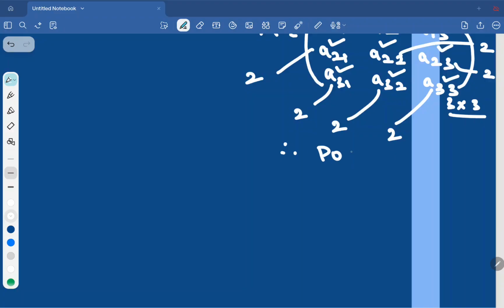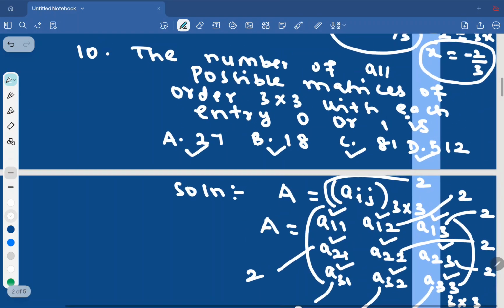Therefore, possible number of matrices is 2 power 9, 512. For the problem 10th one, option D is the correct option.